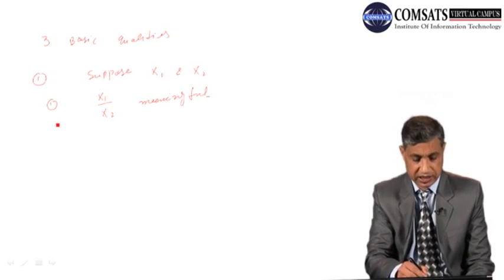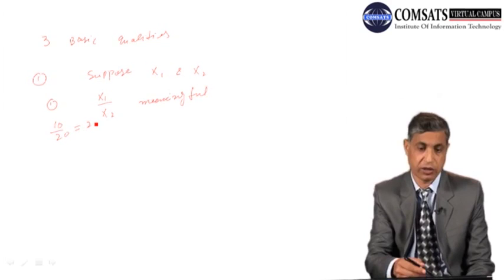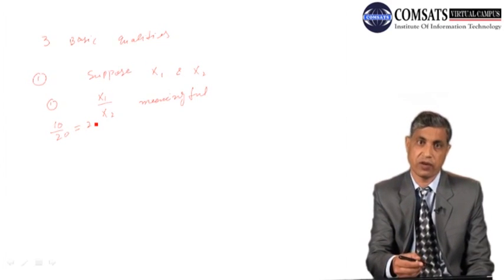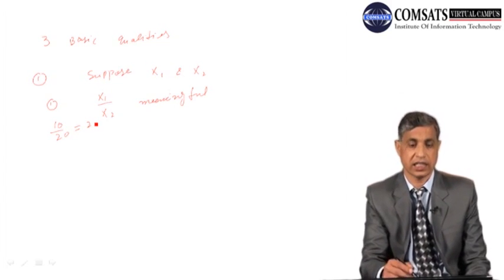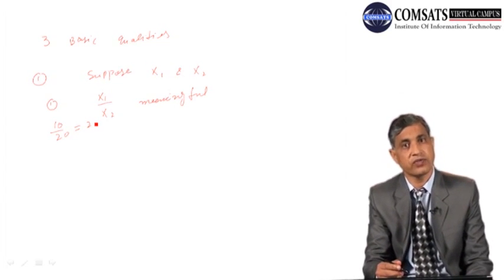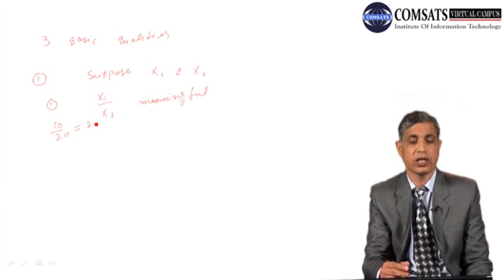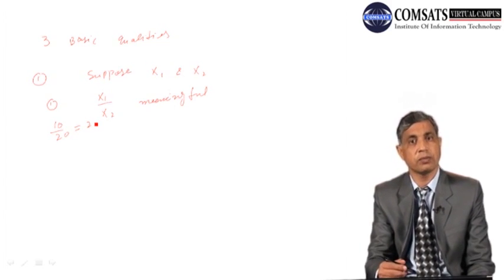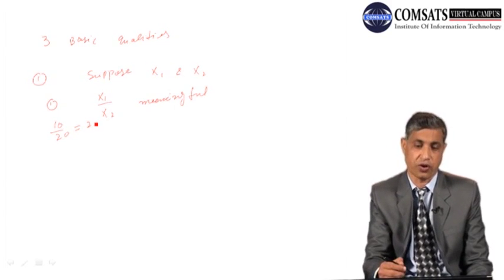For example, if I say 10 over 20 is equal to 0.5, this is a meaningful ratio. 10 may be some value of debt and 20 may be another value of debt, or you can say that 10 may be the GDP of 10 billion in 1970, and 20 may be the GDP of 20 billion in 1980, and so on.